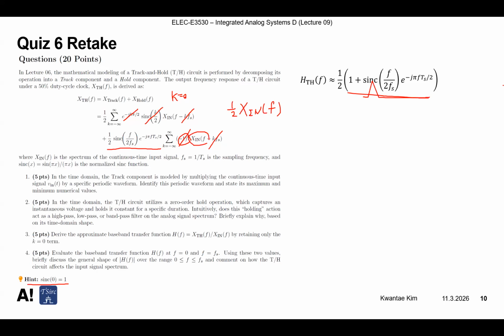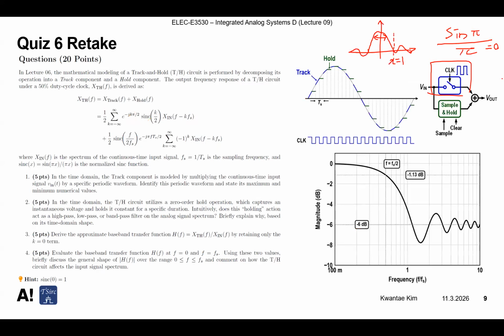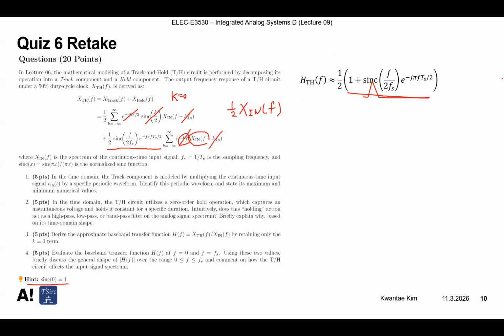Evaluate the baseband transfer function H(f) at f equal to 0 and f equal to Fs, and using these two values, briefly discuss the generic shape of H(f). We already have seen this here, right? But using the mathematical derivation, you can also expect the generic shape, at least for the range of 0 to Fs.